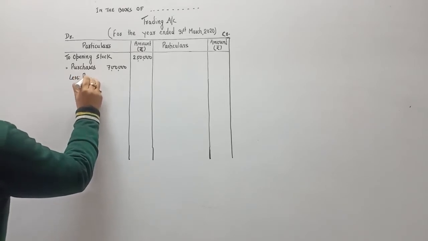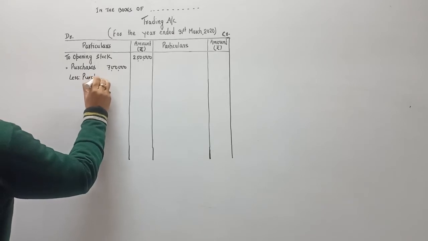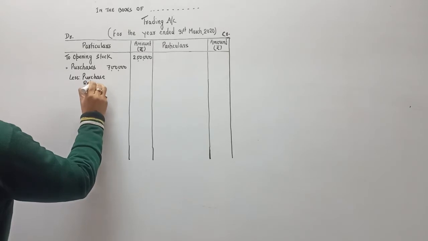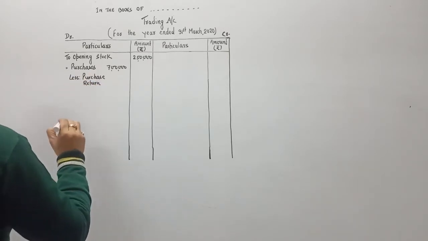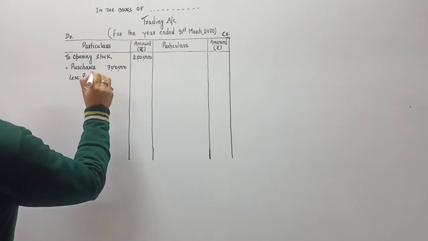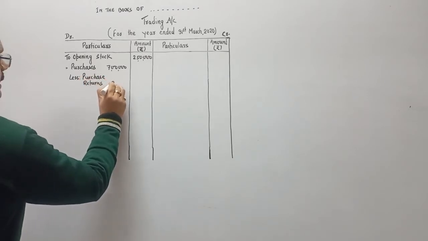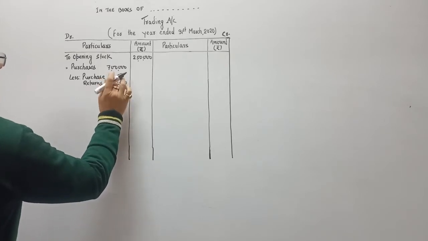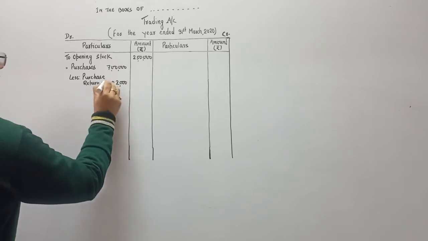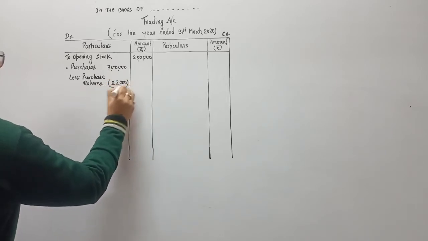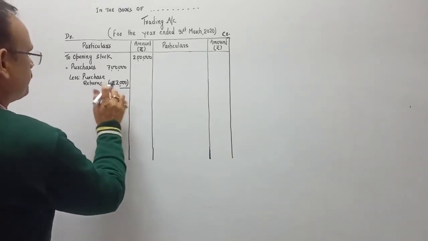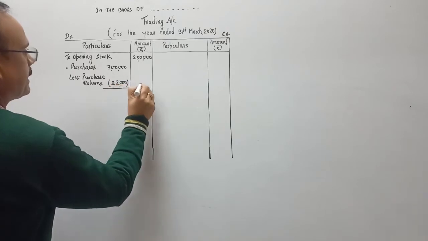Purchase return is 22,000. So deduct the purchase return from the purchase. After deduction, the amount will indicate net purchase.